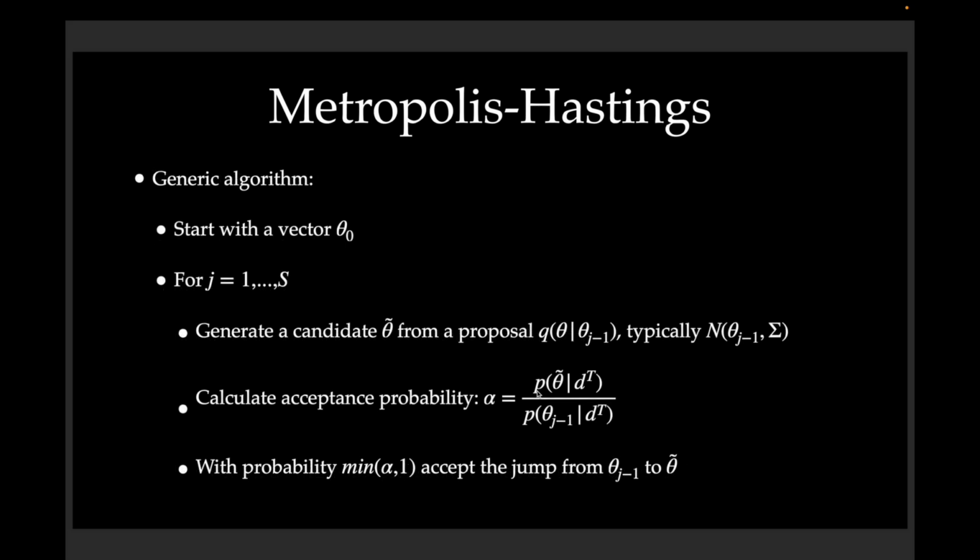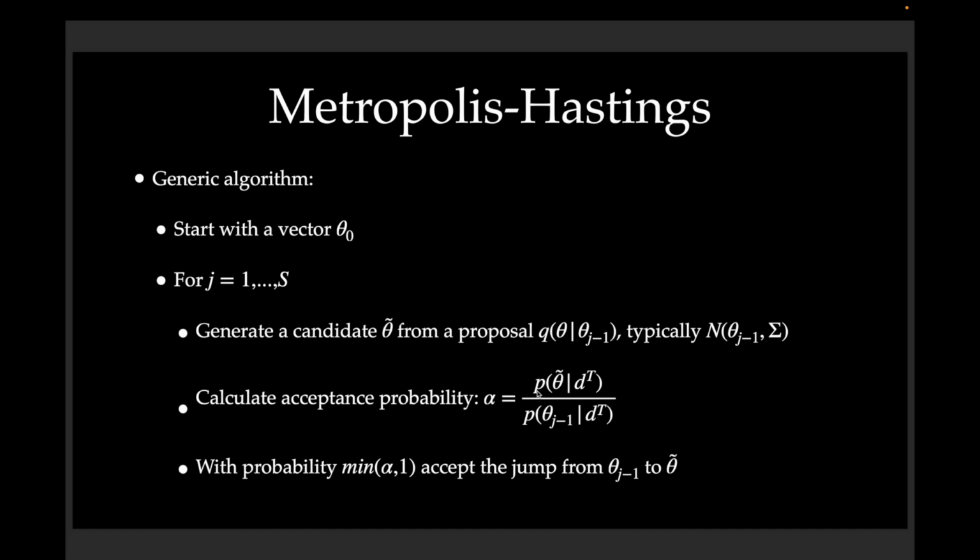So let me sketch the algorithm in generic terms. You start somewhere. Let's say you want to estimate the autoregressive coefficient of a TFP process. So you start at 0.5. And then you want to get 1 million draws from the posterior.